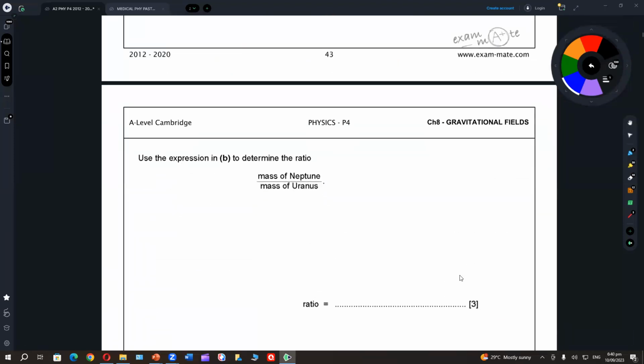Use the expression in B to determine the mass ratio, mass of Neptune upon mass of Uranus. This is a ratio method.